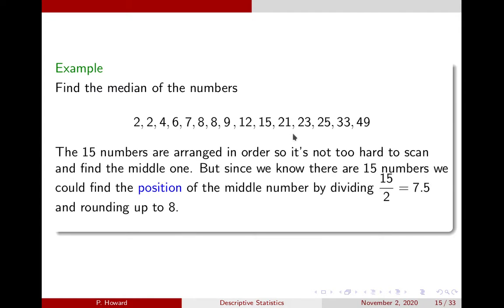But since we know there are 15 numbers, we could find the position of the middle number by dividing 15 by 2 and getting 7.5, and then rounding up to the next whole number, 8. The median of this set of data is in position 8. So counting from the left, 1, 2, 3, 4, 5, 6, 7, 8. The median for this set of numbers is 9.